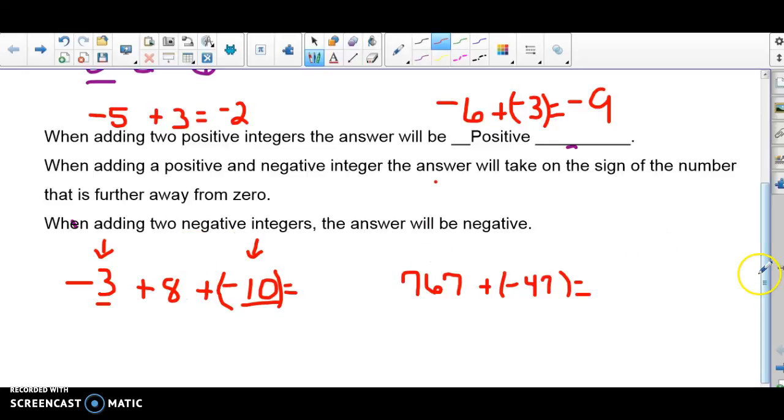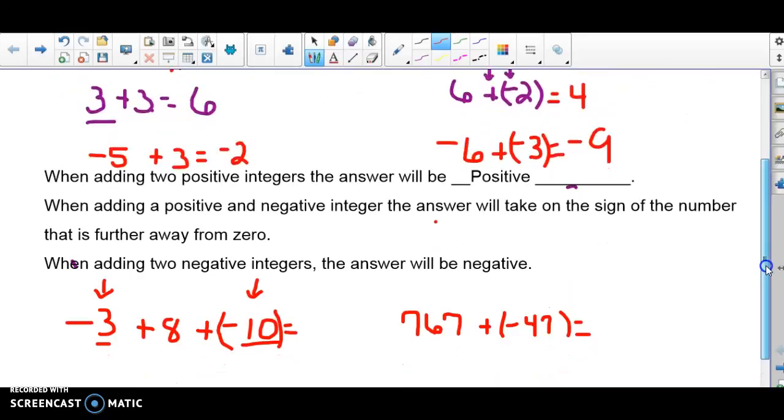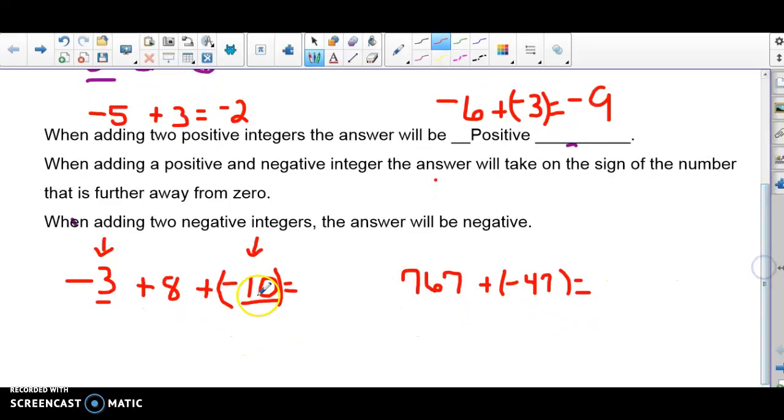And I know just from my rule up here, when we're adding 2 negative numbers, my answer is going to be negative. So if I think about adding -3 and -10, I know I'm going to go further away from 0. I could start at -3 and move 10 back. That's going to get me to -13.